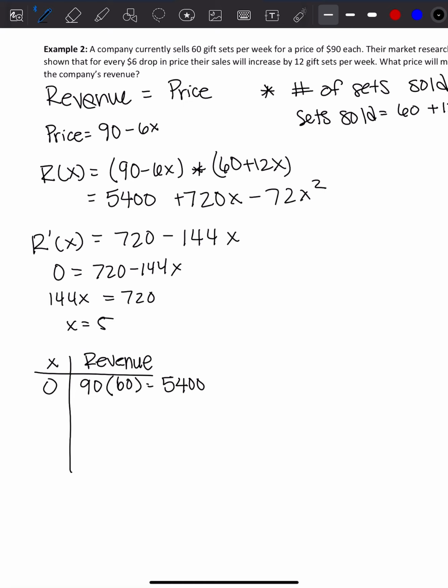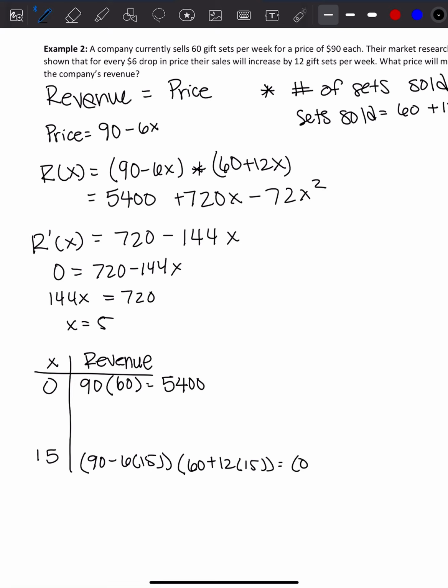So at about week 15, if we plug in 15, we get 90 minus 6 times 15, which is 90. So 90 minus 90 is 0.